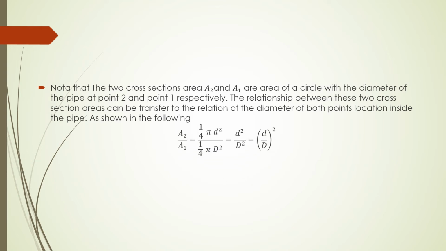We know that A2, the area of a circle, is 1 over 4 pi d small square. So for area 2 we will use d small and for area 1 we will use D capital. Now we will remove 1 over 4 pi from the numerator and the denominator, so we will get d small square over D capital square, or we could say d small over D capital, all squared.